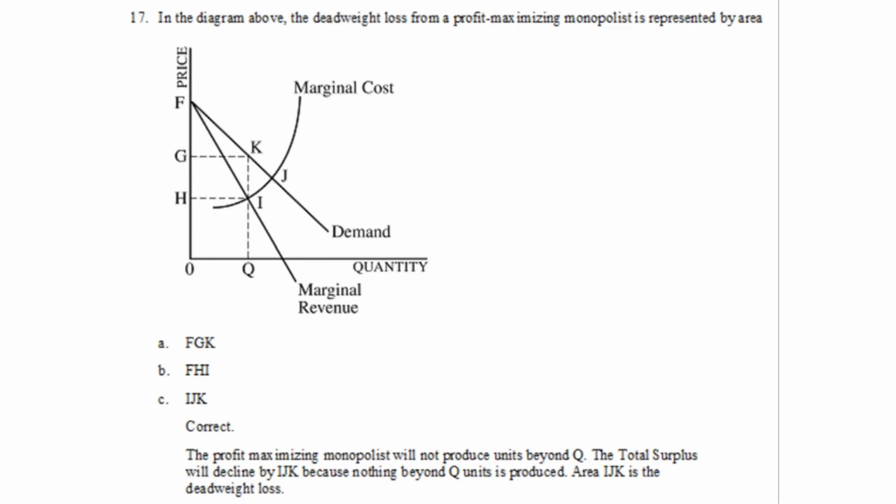In the diagram above, the deadweight loss from a profit maximizing monopolist is represented by the area, and this question is I, J, and K. That's the area.